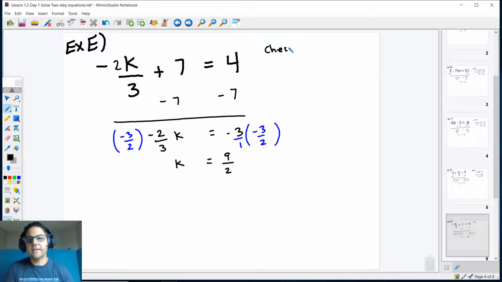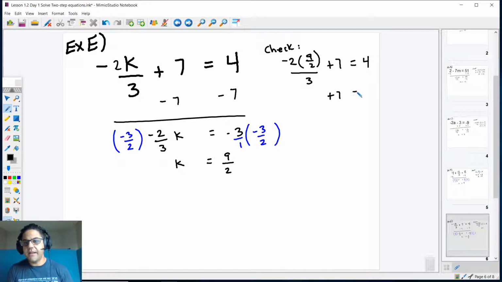On the check, I've got -2 multiplied by, again, our k is 9/2 divided by 3 plus 7, and we hope to get a 4. So the plus 7 equals 4 gets to stay the same. Right here, if you notice, I really have the ones cross cancel, which means I can technically ignore them.